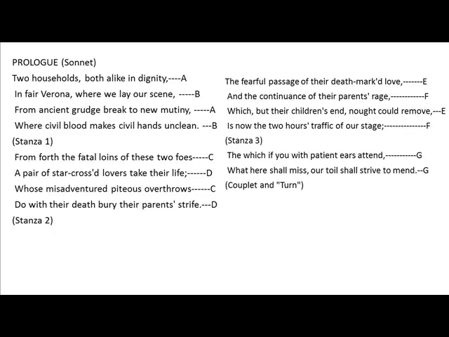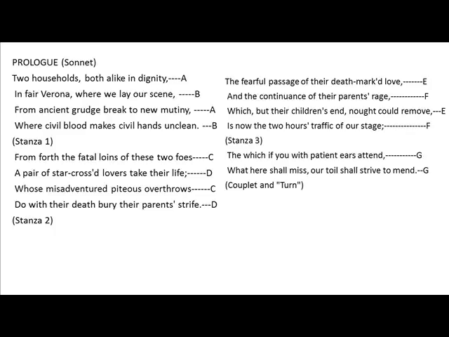Two households, both alike in dignity, in fair Verona where we lay our scene, from ancient grudge break to new mutiny, where civil blood makes civil hands unclean. From forth the fatal loins of these two foes, a pair of star-crossed lovers take their life, whose misadventured piteous overthrows do with their death bury their parents' strife.